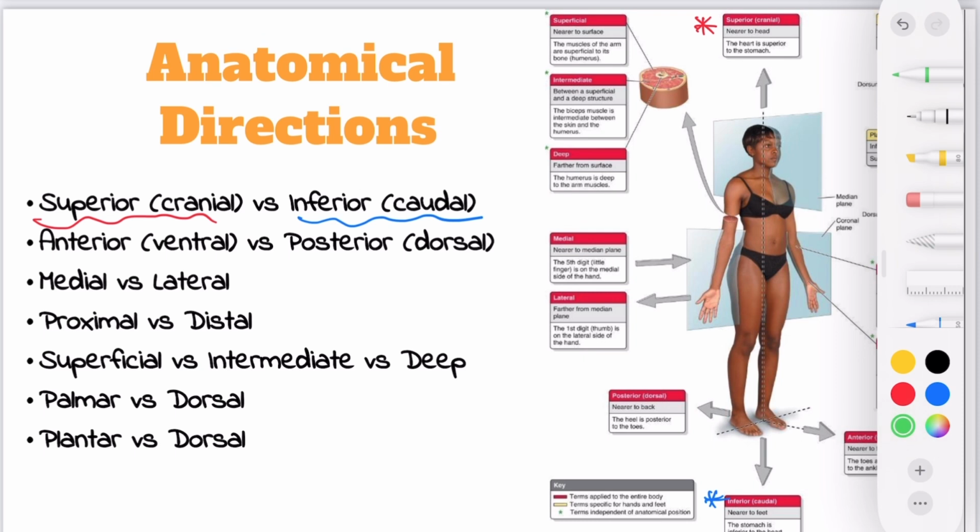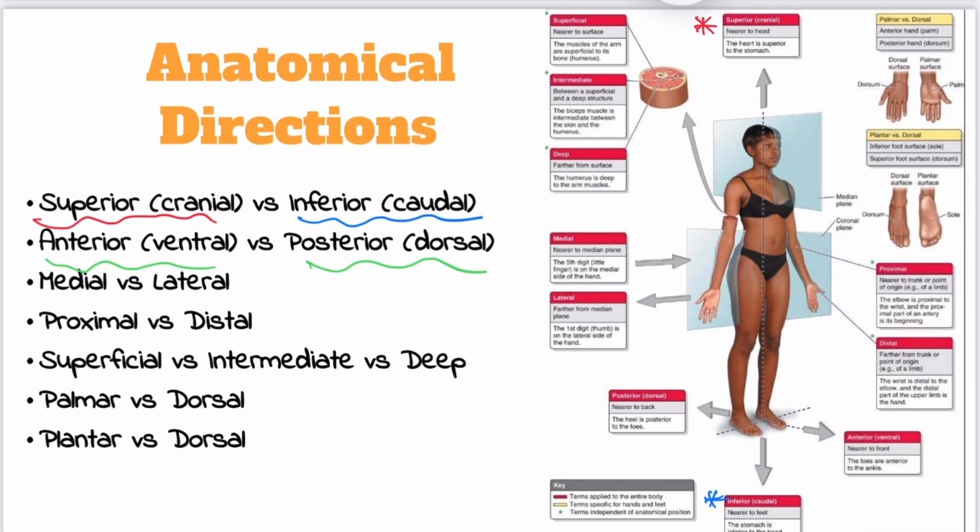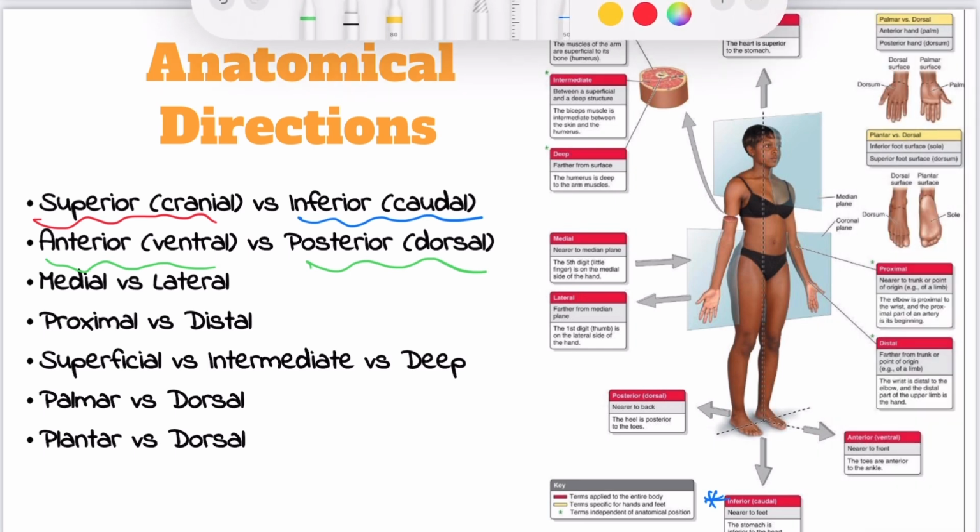Now, let's differentiate between anterior ventral versus posterior dorsal. Start with anterior ventral.